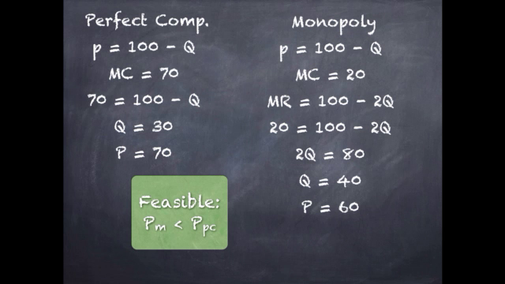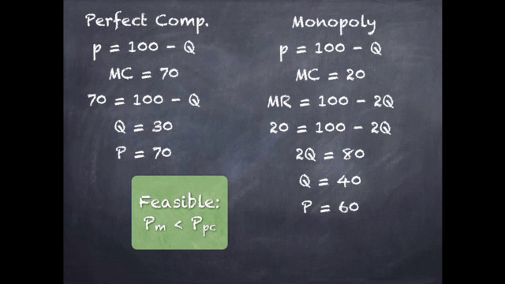So we can see here that even though the market went from a perfectly competitive marketplace to a monopoly marketplace, the price actually falls. And the reason for the fact that this price fell is because of the dramatic decrease in marginal cost. In perfect competition, the firms were operating under a marginal cost equals 70.